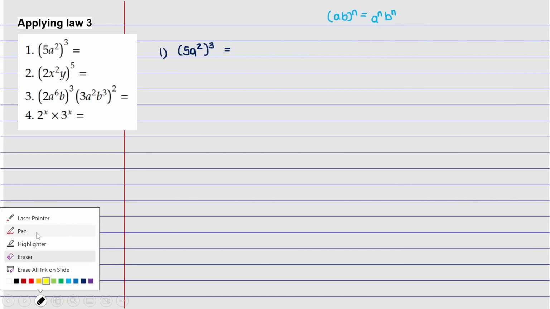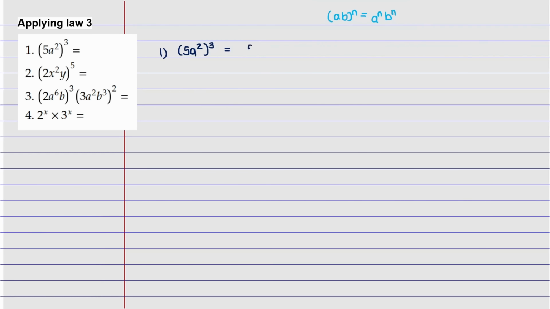5 to the power 3, then this is going to be a, which is going to be 2 multiplied by 3. Here, if you look at it, I actually also applied law number 5. This part of saying 2 multiplied by 3 is actually law number 5.